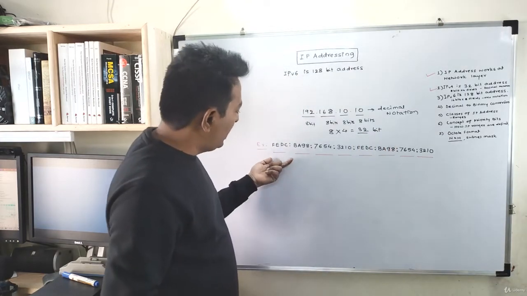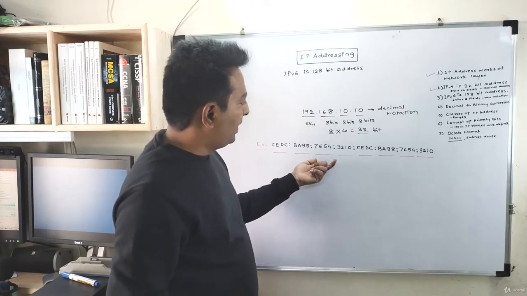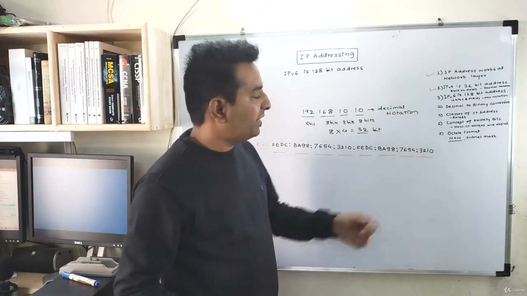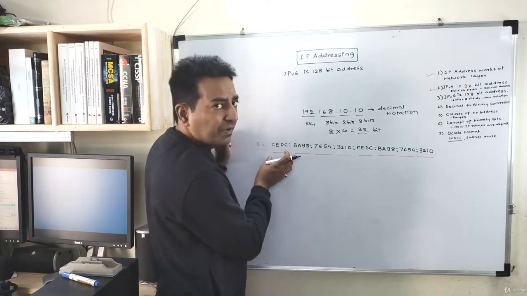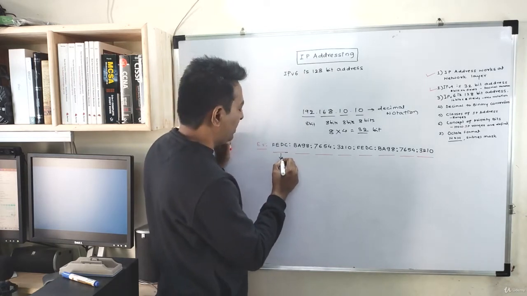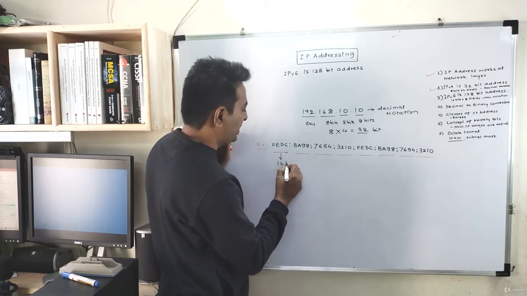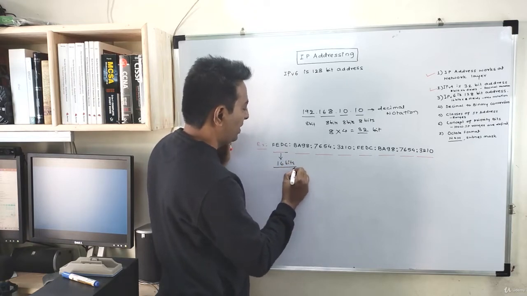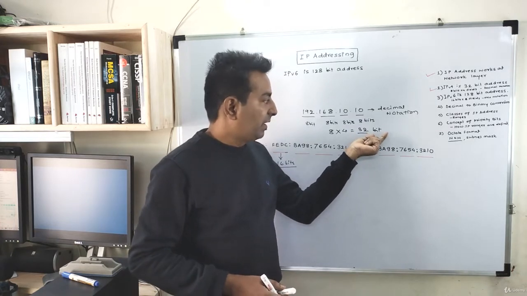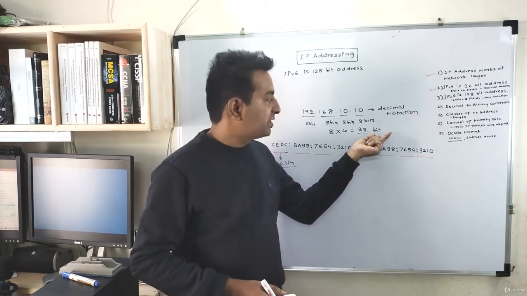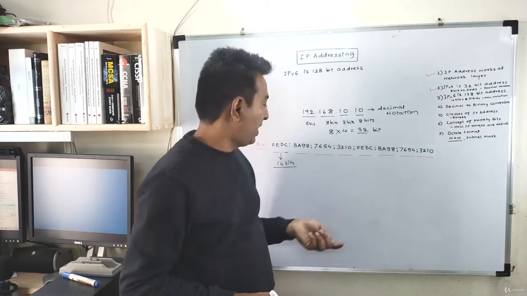So friends, when we look at the IPv6 address, each field of an IPv6 address is of 16 bits. That is not bytes. Friends, make sure you make a note that it's not byte, it's bit, okay?